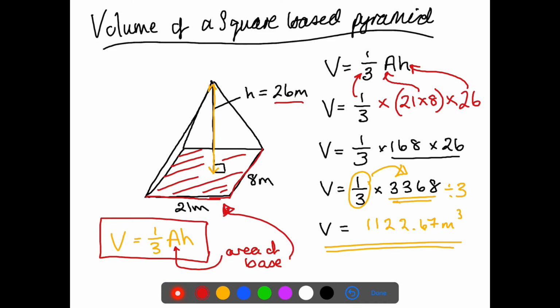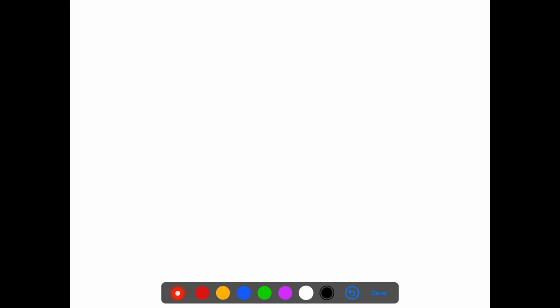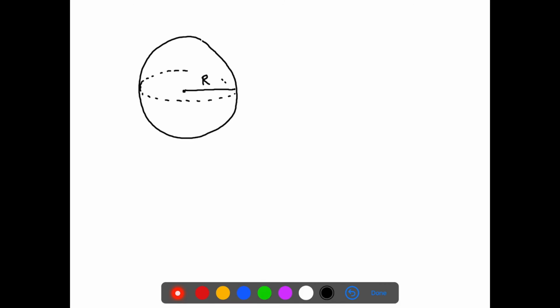Alright, okay, so let's go through a sphere as well then. So if we look at how to find the volume of a sphere, so here is a sphere. And a sphere, it's meant to be round, obviously. There's the radius of a sphere. Okay, I'm just going to make it look a bit more like a sphere.